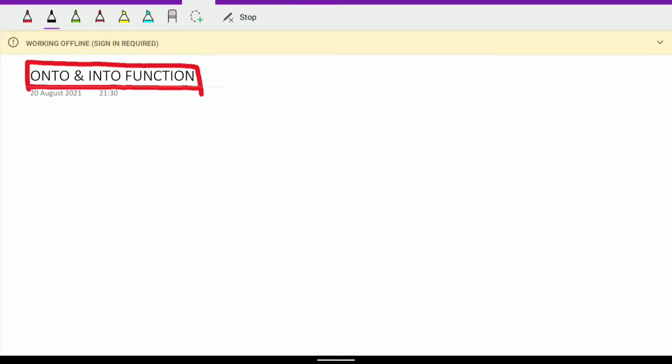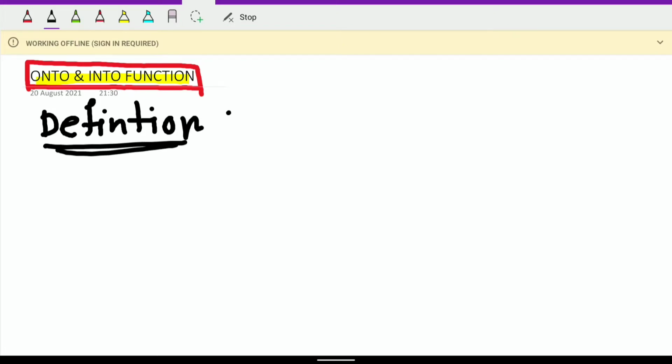So first of all, what is an onto function? The definition of onto and into functions, we have to know first.